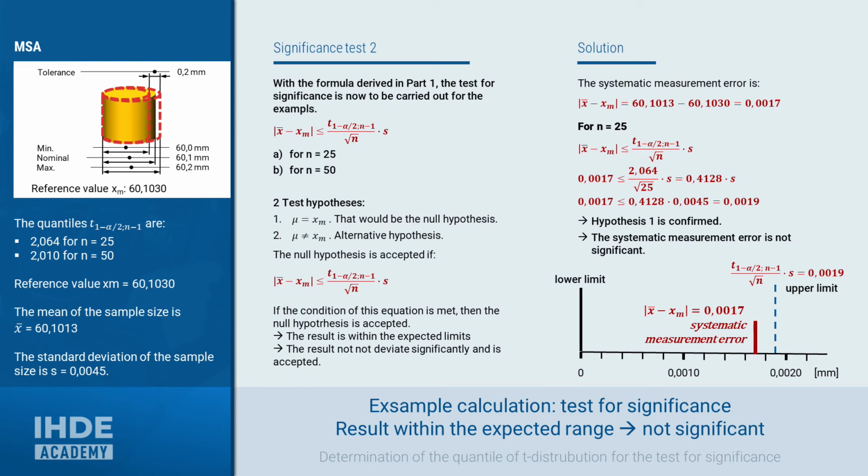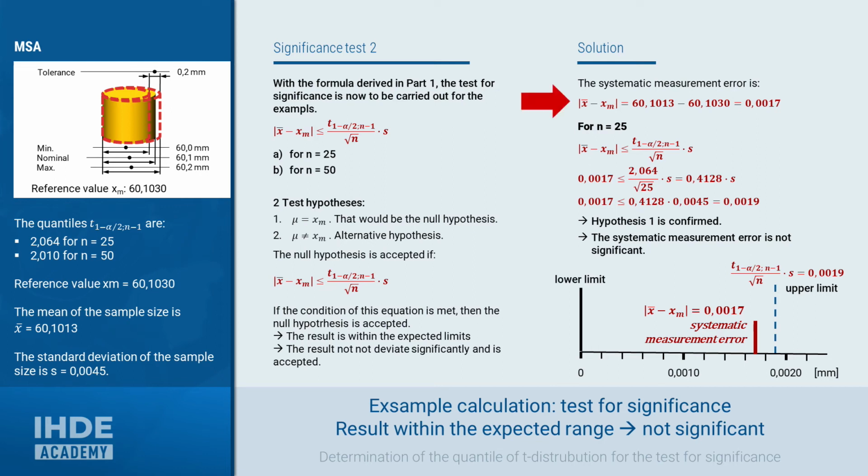Significance testing is about checking whether the equation is true or not. If the left side is equal to or less than the right side, then it is satisfied. This means that the result is within the expected limits, so it does not deviate significantly and can be used. Otherwise, it is significant and cannot be used.